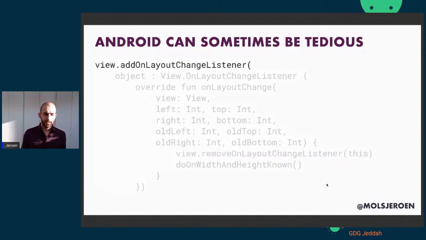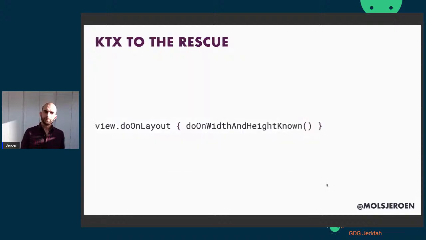And then there's a third problem, because this could even have a race condition. What if you attach the listener after the view had already been laid out? Then you would no longer get this layout change listener callback. So it's super verbose, it's potentially error prone, and there could be race conditions. So there should be a better way.